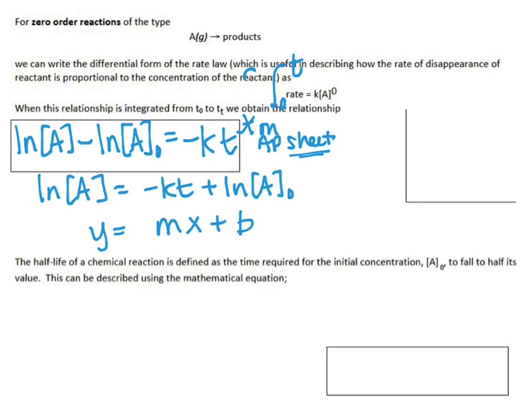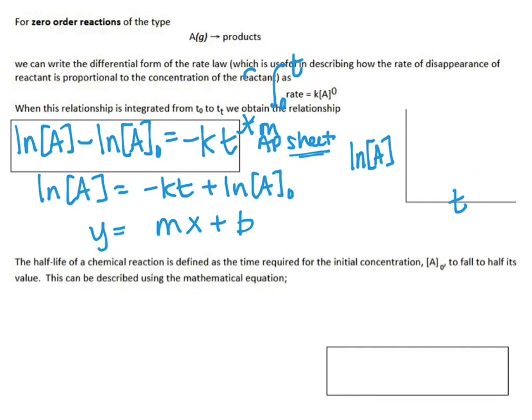So if we were to graph this, we have t over here. I have no idea why that moved on me. I'm going to have to write up there. And then what is on our y-axis this time? The ln of the concentration of A. And it looks the same way.